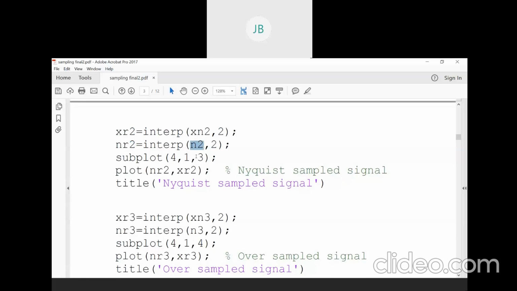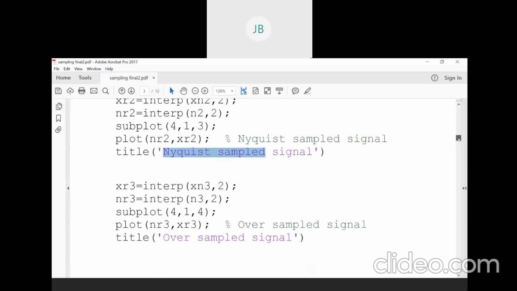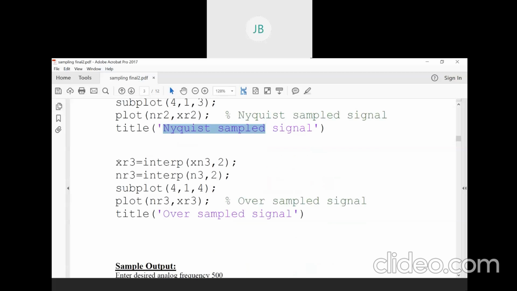Then we use the subplot command for the third subfigure. For every nr2 time instant, we note what xr2, the amplitude, is and plot that, and we call it the Nyquist sampled signal, the reconstructed signal.